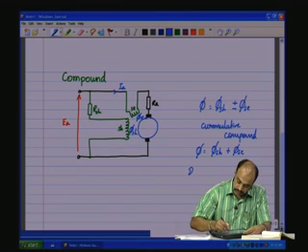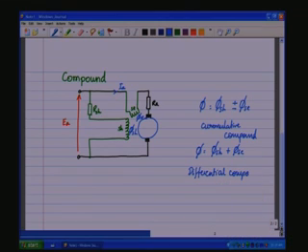And in the differential compound, the resultant flux will be the shunt winding flux minus the series winding flux. So, the resultant flux is going to be lesser in amplitude. In a cumulative compound, at initial startup condition, omega is equal to 0, there is no back EMF, IA has not started, but there is still IF, that is I shunt, which is going through the shunt winding.